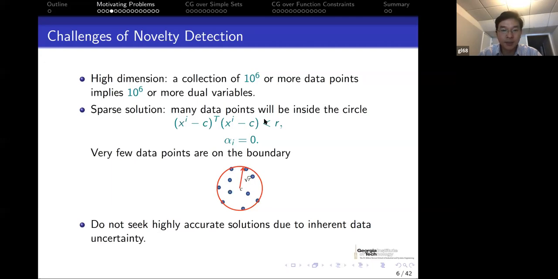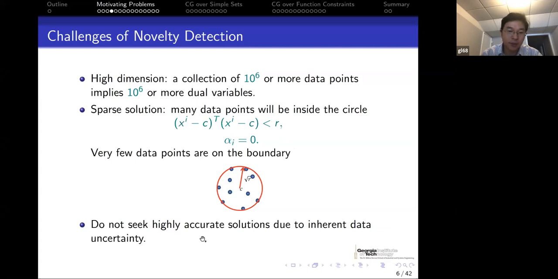That means for those points inside the ball, the constraint in the primal problem is inactive. That means the corresponding dual variables alpha_i will be 0. So you are going to have a very small number of non-zero elements in the optimal dual solution.